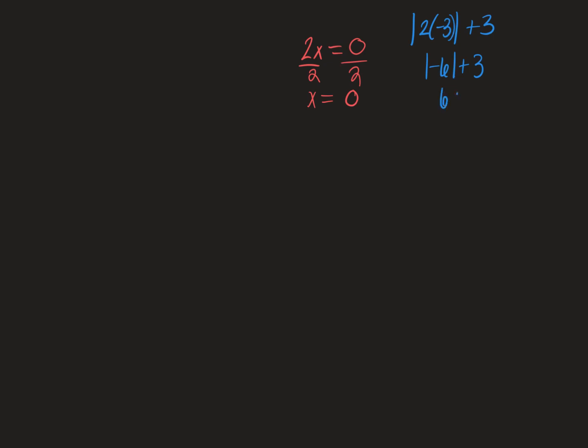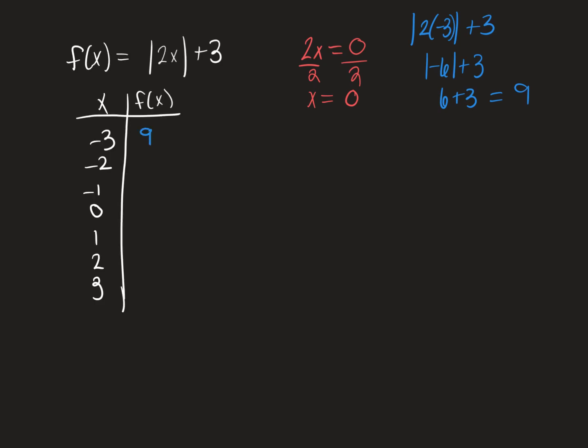So it's 6 plus 3, which is 9. Okay, then we're going to plug in negative 2. So 2 times negative 2 plus 3. So that's absolute value of negative 4 plus 3. So 4 plus 3, which is 7.